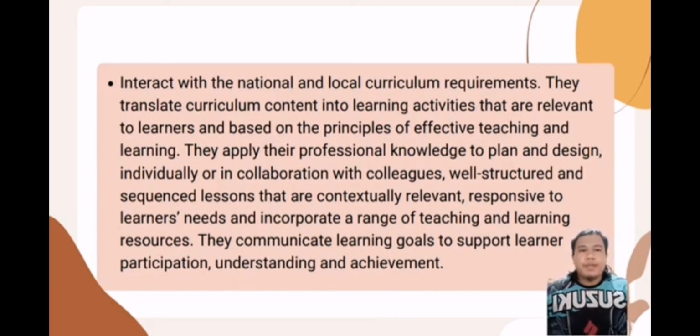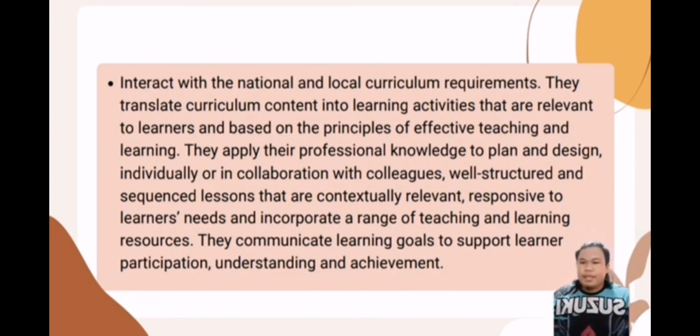They apply their professional knowledge to plan and design, individually or in collaboration with colleagues, well-structured and sequenced lessons that are contextually relevant, responsive to learners' needs, and incorporate a range of teaching and learning resources. They communicate learning goals to support learner participation, understanding, and achievement.